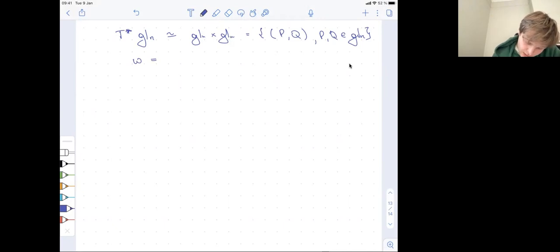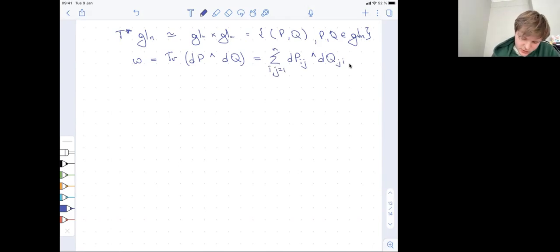You take the differential of your matrix P, the differential of your matrix Q, then you perform a matrix multiplication, but with wedge instead of multiplication, and you take a trace. In coordinates, it is the sum over i and j from 1 to n of dP_ij wedge dQ_ji.